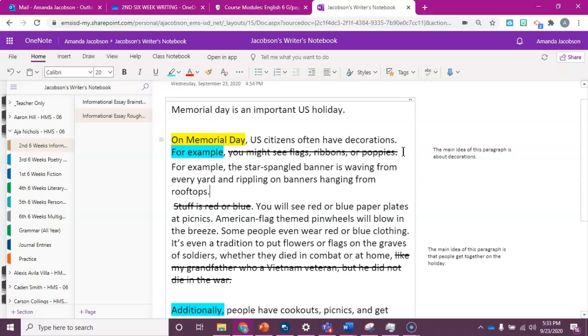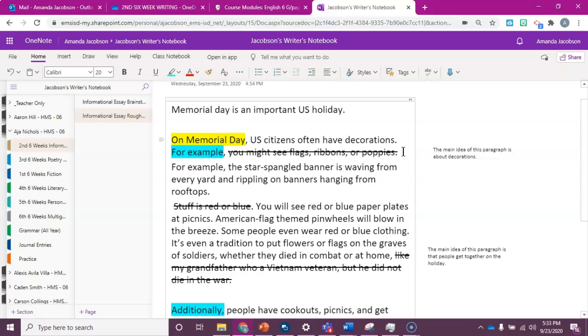Already that is so much more descriptive. I can picture the American flag waving in the breeze and hanging off of banners off of people's houses or off of businesses and waving in the wind.